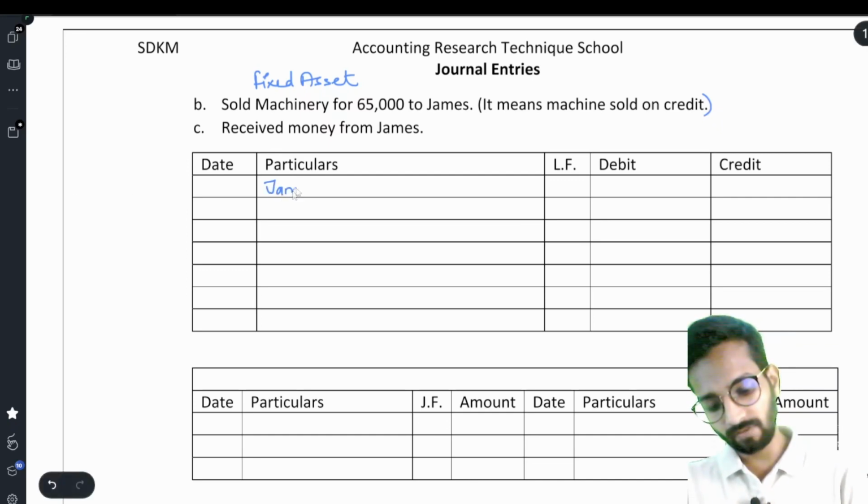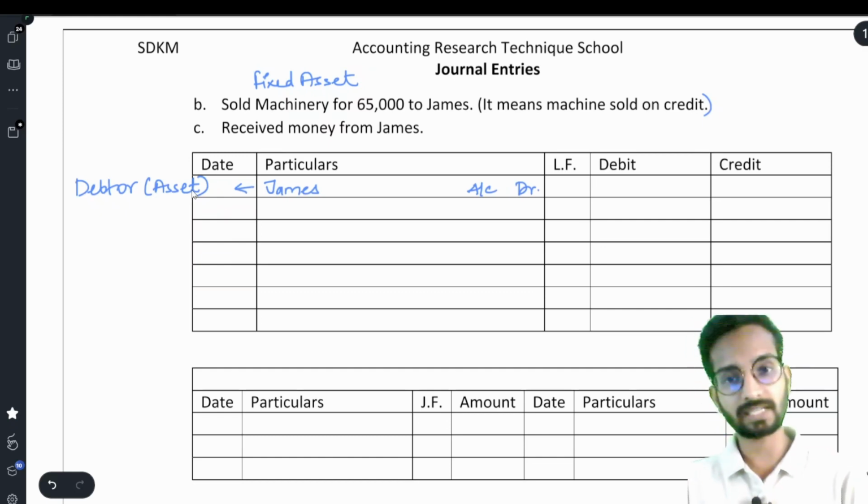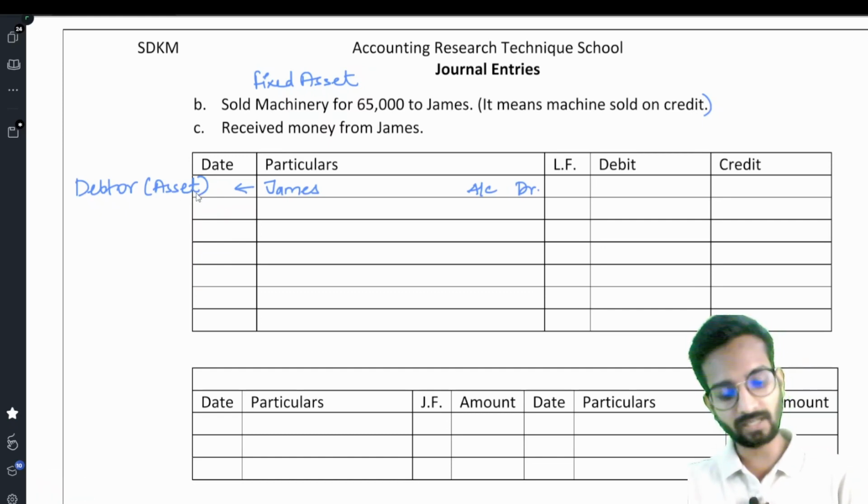It means James will pay me in future. So I will receive money from James, and James has become my debtor. James has become my debtor because I am supposed to receive money from him, and a debtor is called an asset, and that's why, because James has become my asset, I am debiting his account. So James account debit to what am I selling? I am selling machinery.